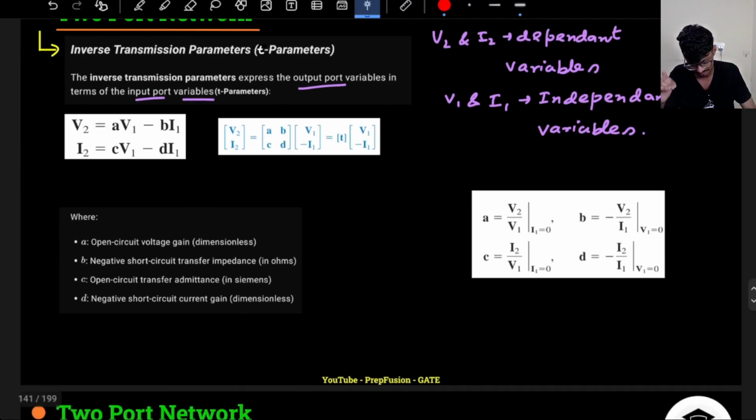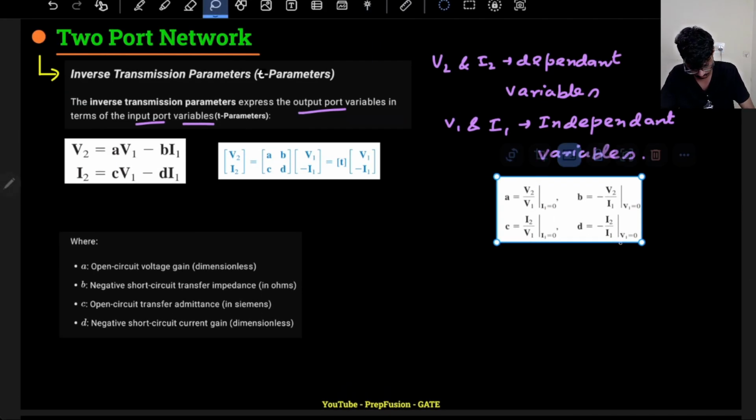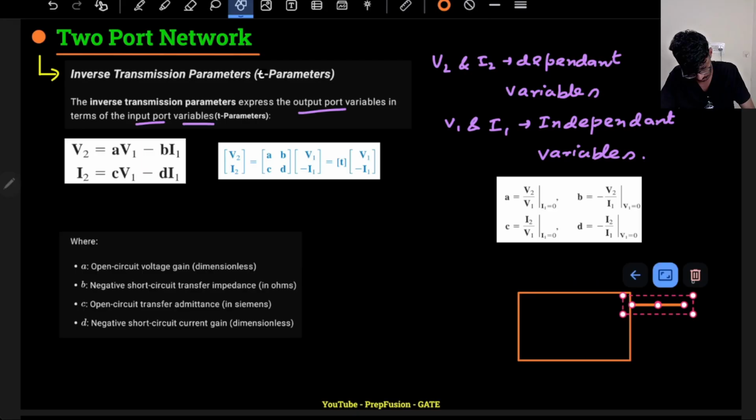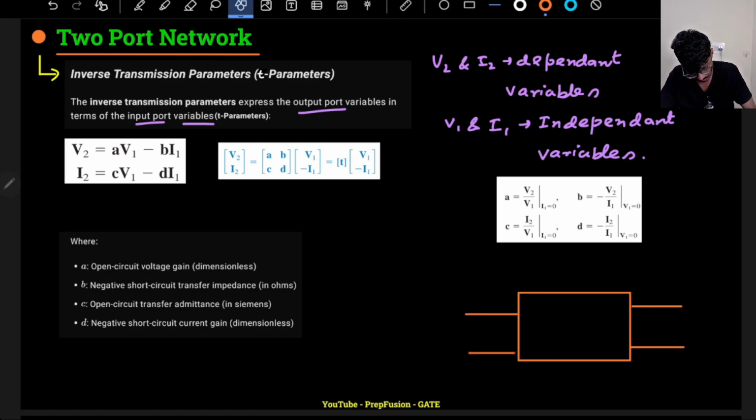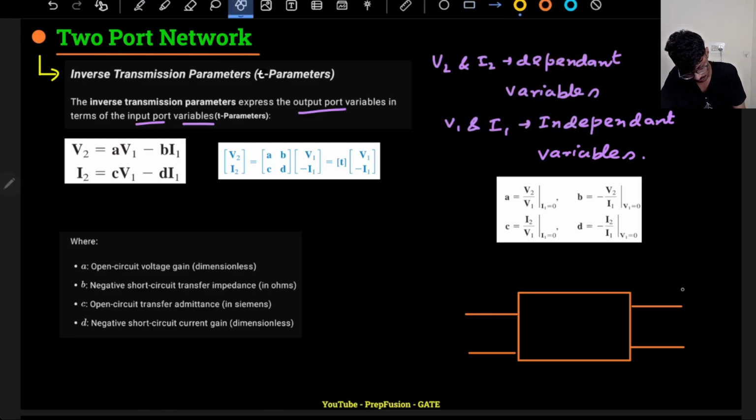So if I model the port, it will be somewhat like this. This is the network. This time I am providing supply from the output. If I am providing supply from the output, then current is going from source to load.